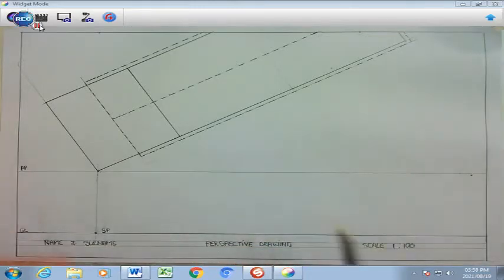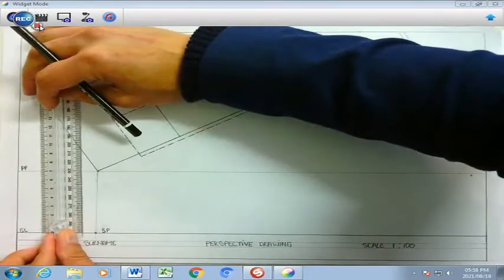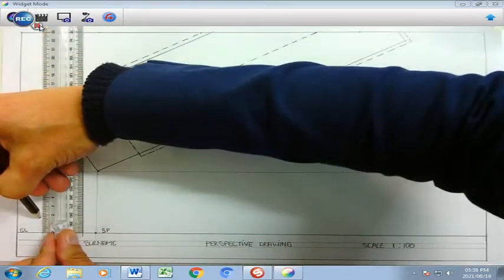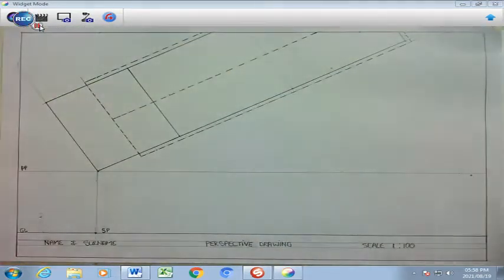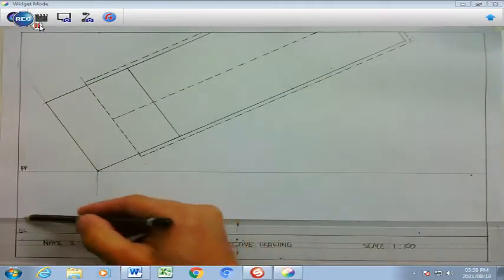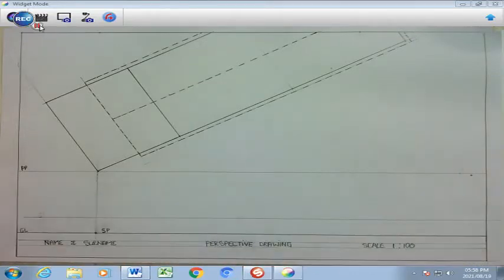Then I need to draw my horizon line as well. From the ground line, I'm going to have my horizon line up from the ground line at 17 millimeters, and that's the line that I'm going to take right through.